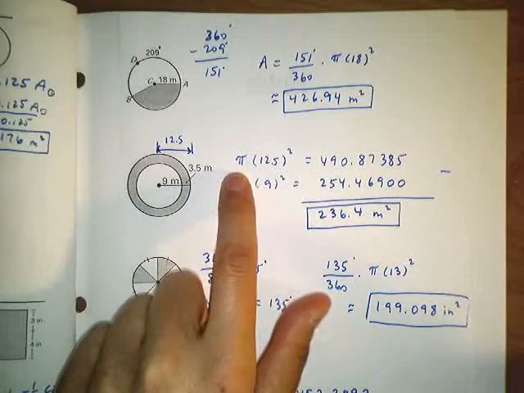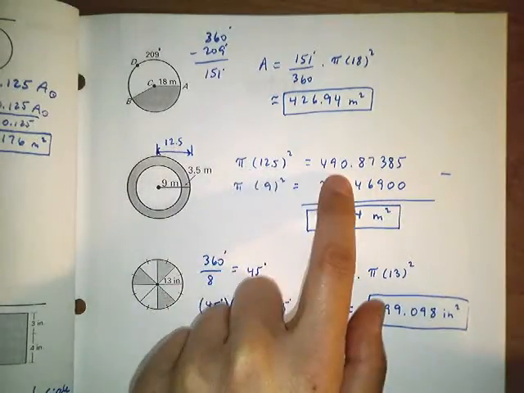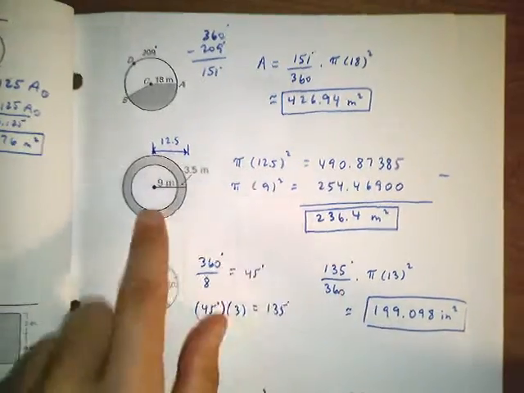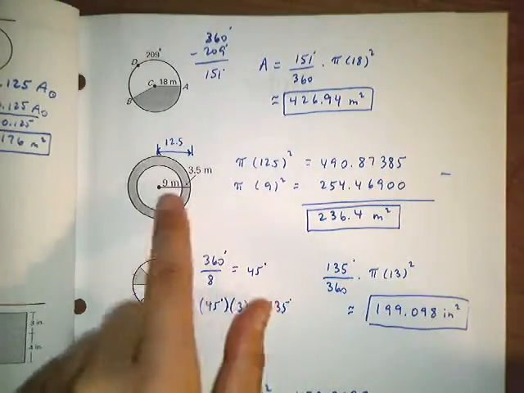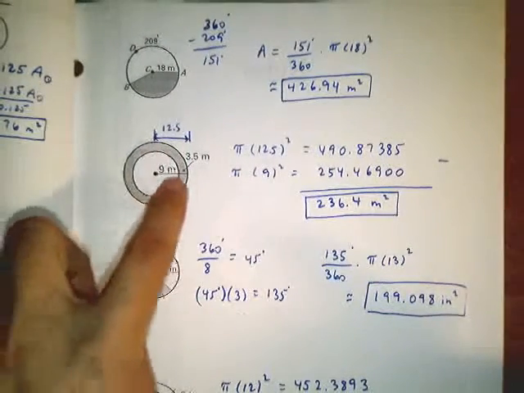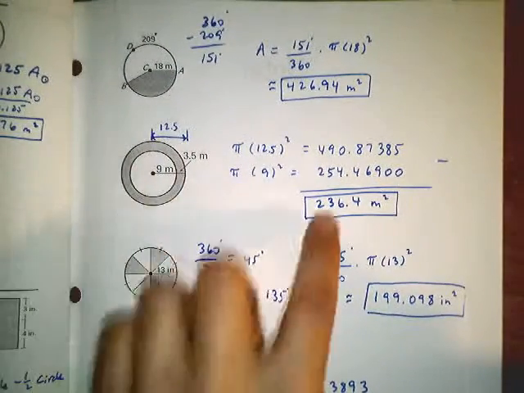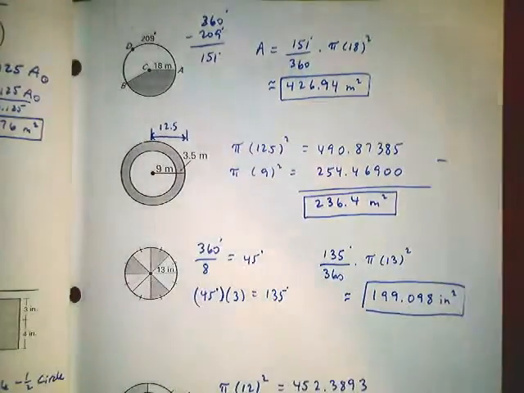So I found the area of the large circle by doing pi times 12.5 squared. Square first, multiply by pi, you get that. Then the small circle has a radius of 9, so I did pi r squared for the small circle, and I got that. And then if we take the area of the large circle minus the area of the small circle, you get that ring in between, which has the area of 236.4.